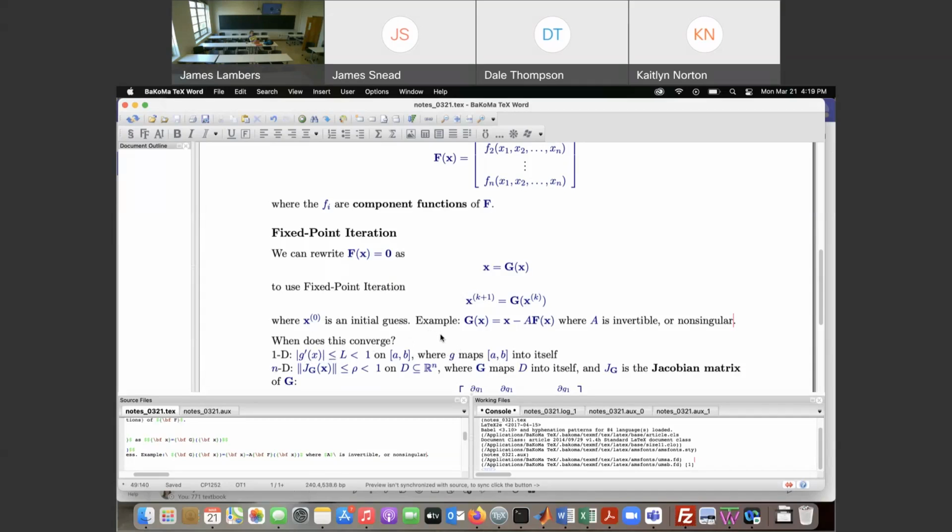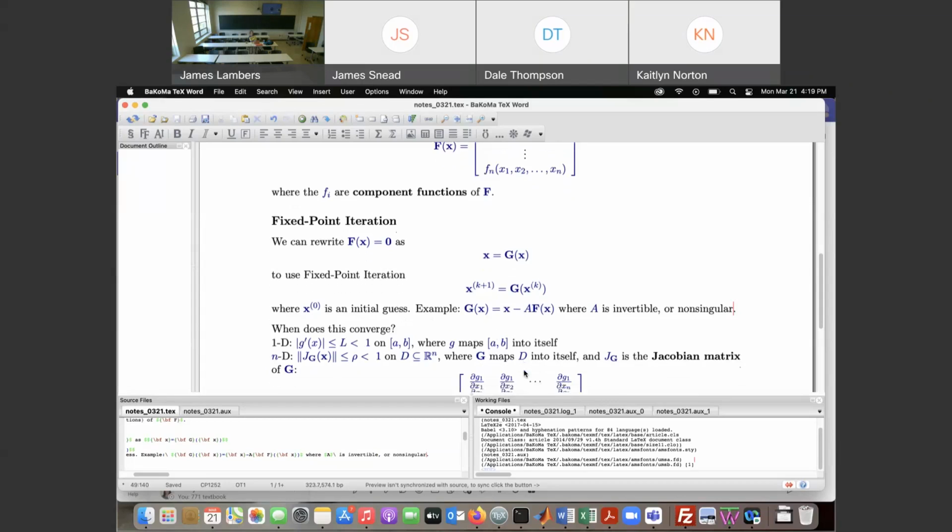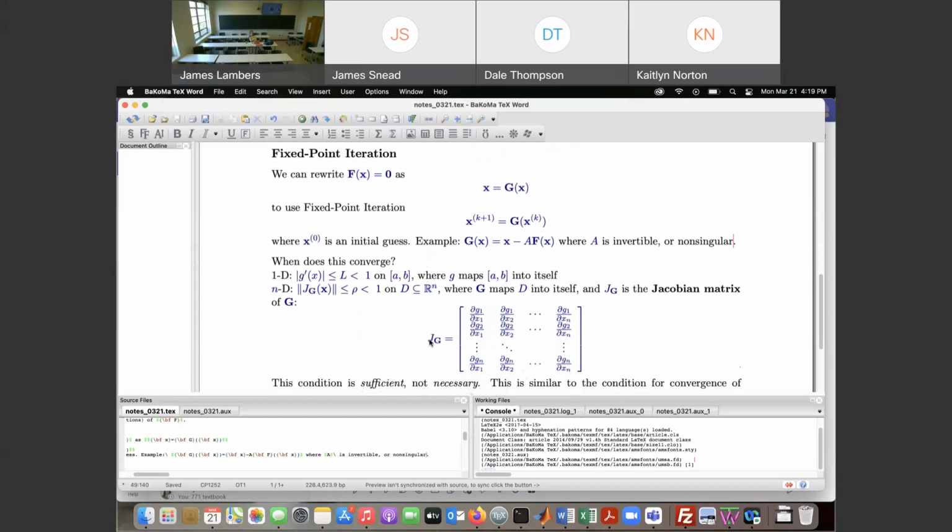So what do we want in the multivariable case? Similarly, the function capital G needs to map some domain D in R^n into itself. And if I define this matrix, J sub G, to be the Jacobian matrix of G, in other words, it consists of all the first partial derivatives of the component functions of G with respect to all of the independent variables. So for working in R^n, we have an n by n matrix.